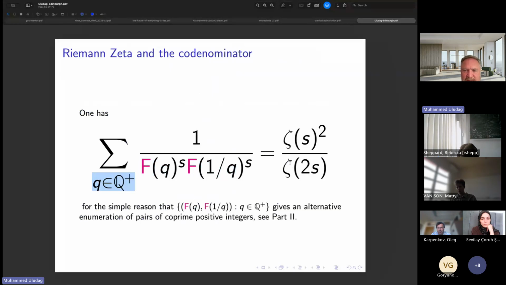In fact, this is a very simple result, and the reason is that these pairs, f(q) and f(1/q), give an alternative enumeration of the set of all pairs of coprime positive integers.